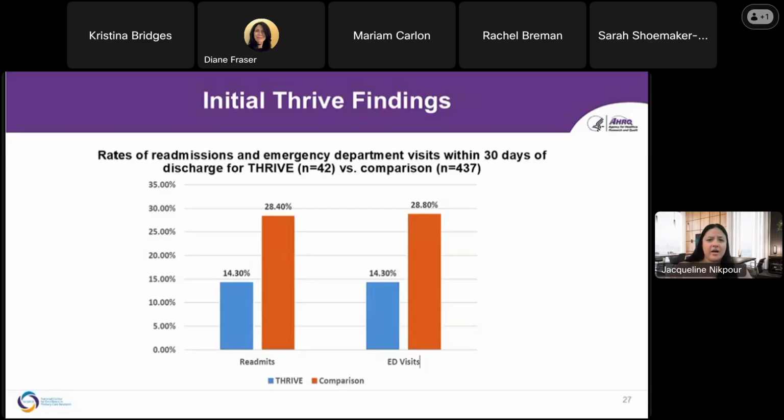You have about a 28% readmission and ED visit rate. And then amongst those who are getting Thrive, that's about 14% for both outcomes. Given that we're caring for a pretty similar population across hospitals and knowing that providing this really integrated wraparound care addresses a need and moves the needle on patient outcomes, we're really hoping to see some similar results at HUB-CEDAR. Next slide, please.